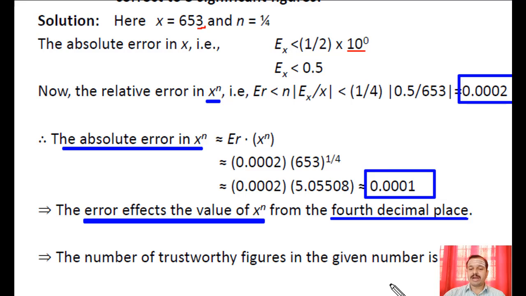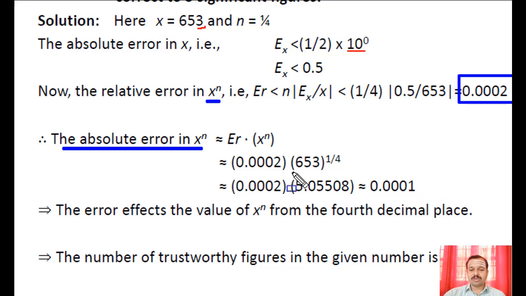Please look at this value. This is x to the power n. When we compute this using the calculator, the answer is going to be this much. We are saying that the trustworthy figures are 3: 1, 2, 3.